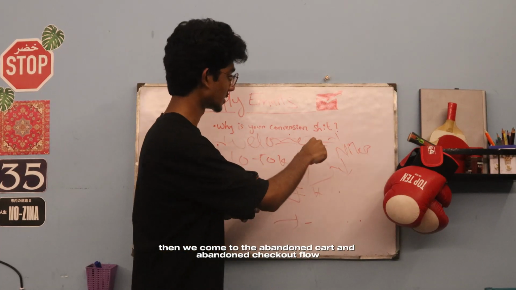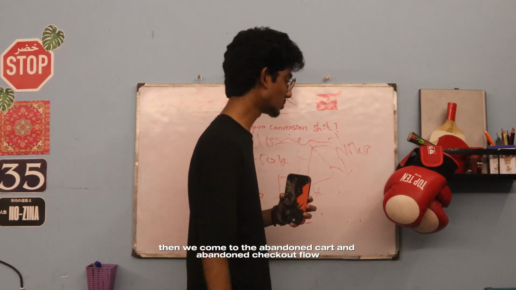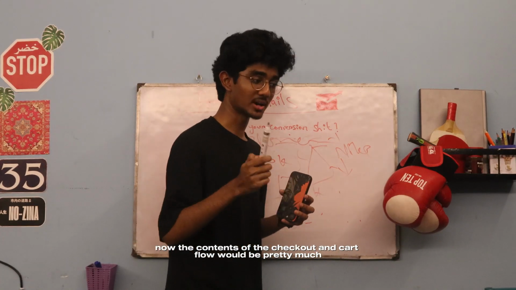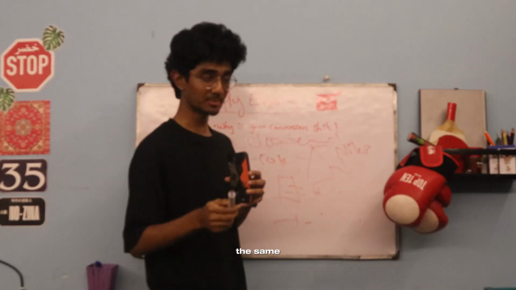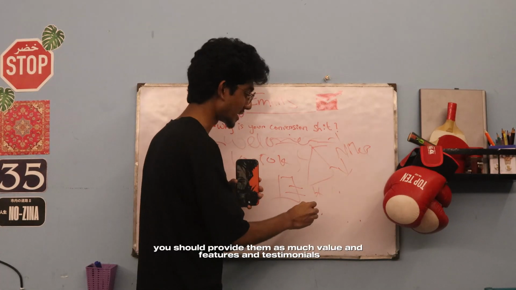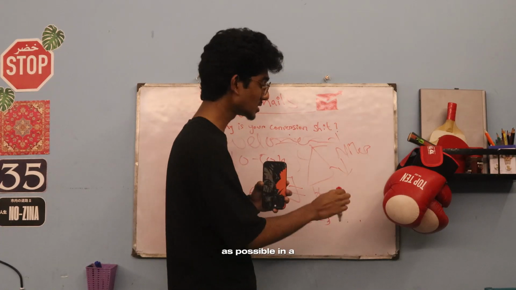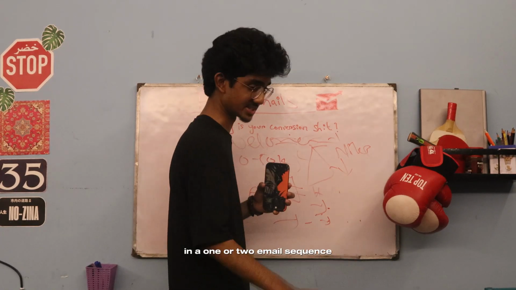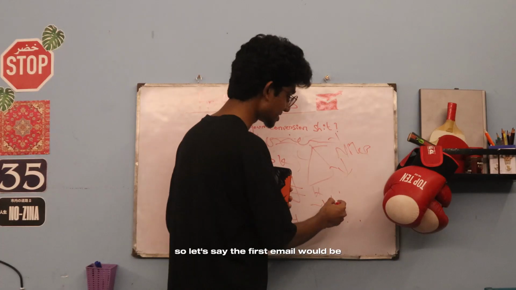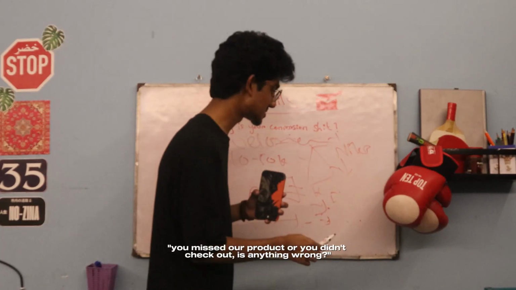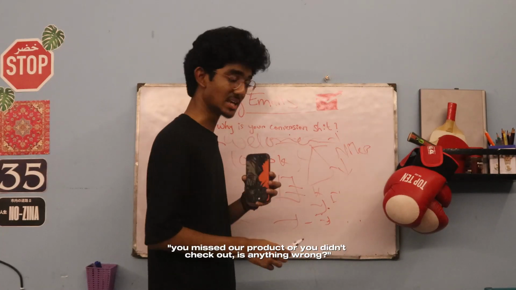Then we come to the abandoned cart and abandoned checkout flow. Now, the contents of the checkout and cart flow would be pretty much the same, but content-wise, you should provide them as much value and features and testimonials as possible in a 1 or 2 email sequence. So let's say the first email would be, hey, I saw you missed our product or you didn't check out. Is anything wrong?